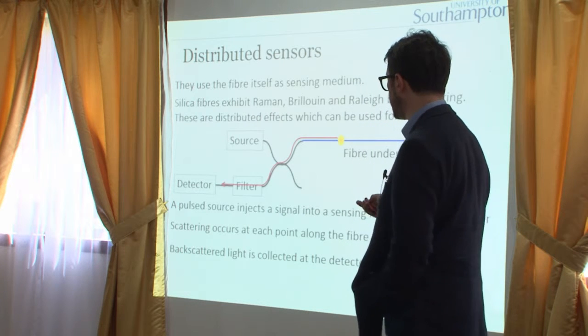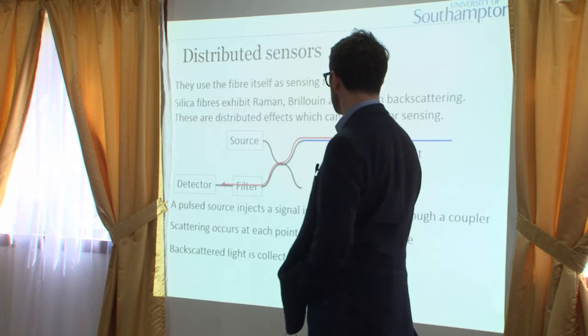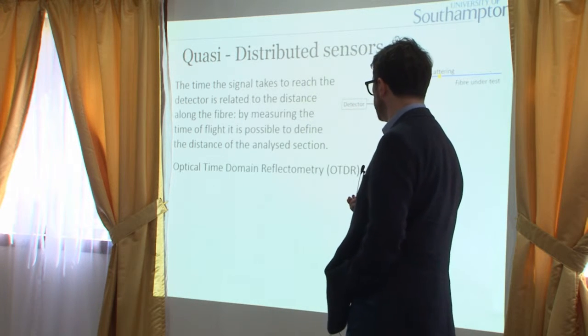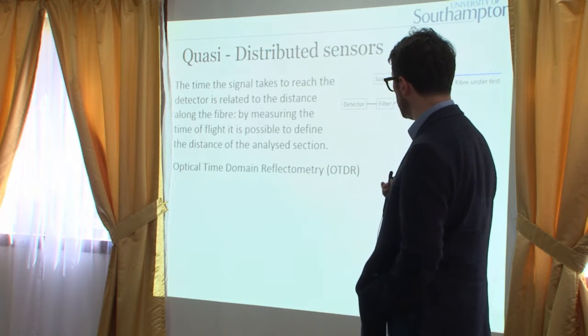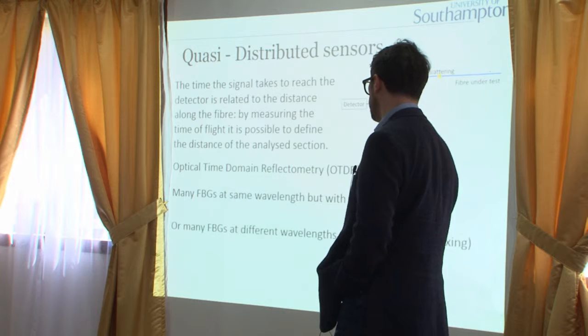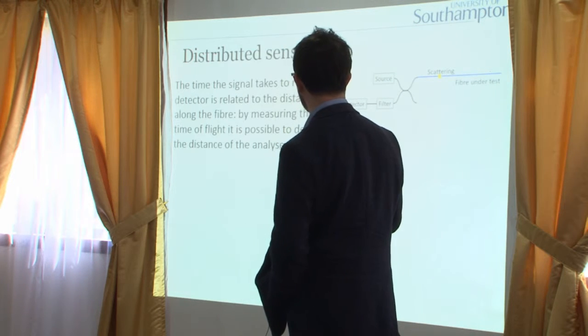So there will be a relation between the time of flight and the position along the fiber. This technique is called optical time domain reflectometry. It's possible to do the same with FBGs, like Ken mentioned earlier on.